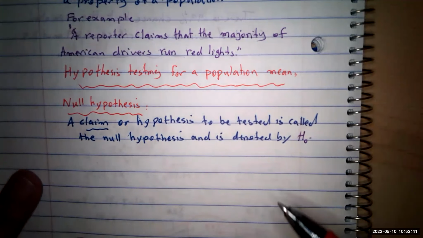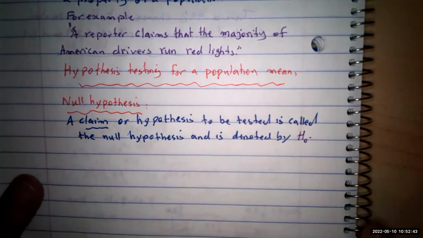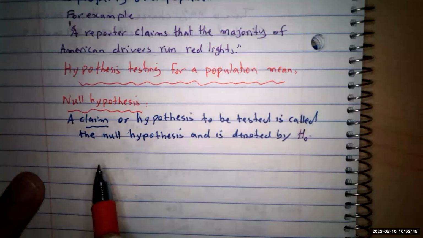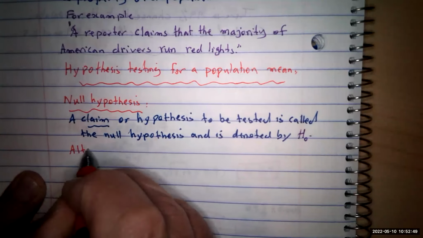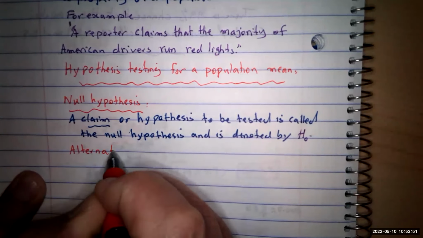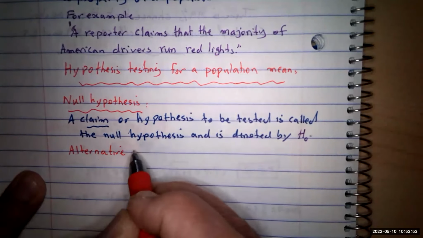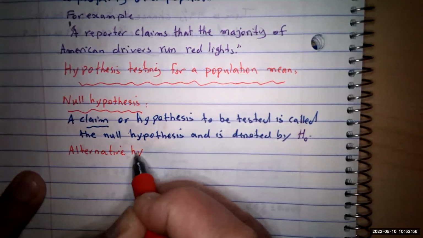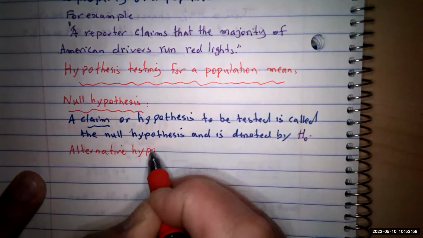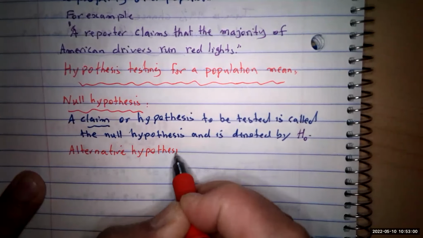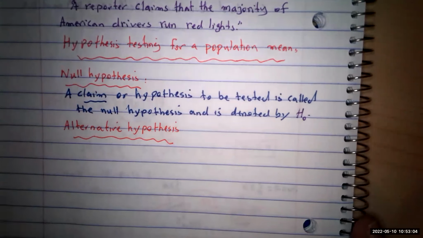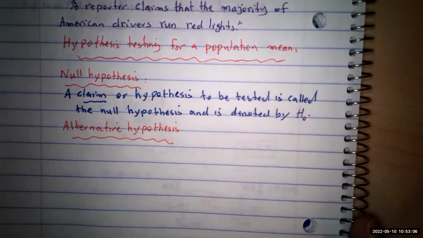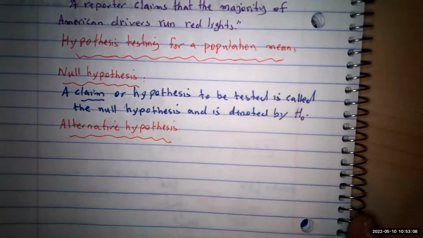When you want to test it, you have to test the alternatives. So what is going to be the alternative hypothesis? What's going to be the other choice? The alternative hypothesis is going to be denoted by H1.